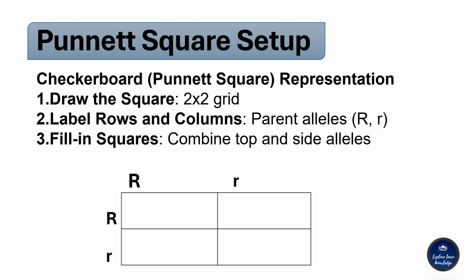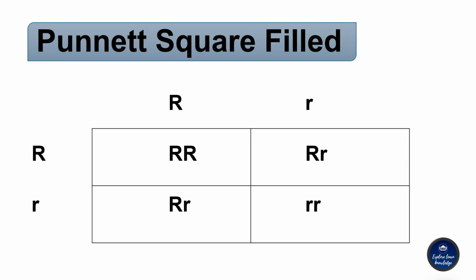Next, label each row and column with the alleles of each parent. For example, place capital R and small r across the top for one parent, and small r and capital R down the side for the other parent. Now fill in the squares by combining the alleles from the top row and side column.